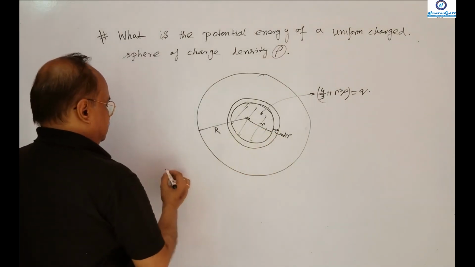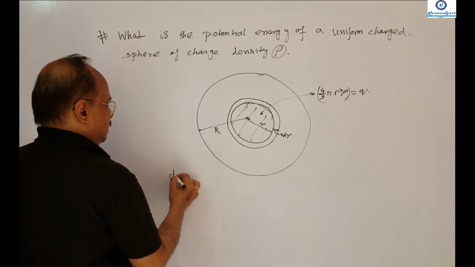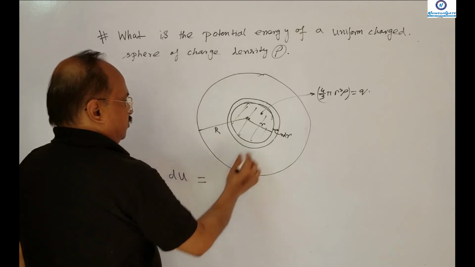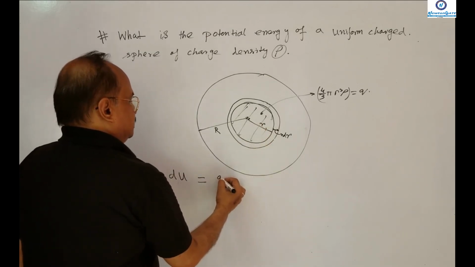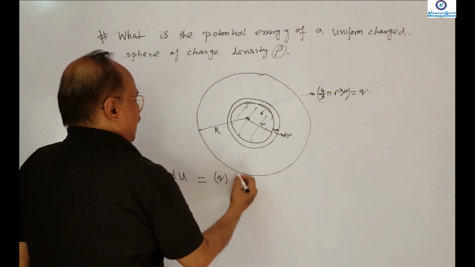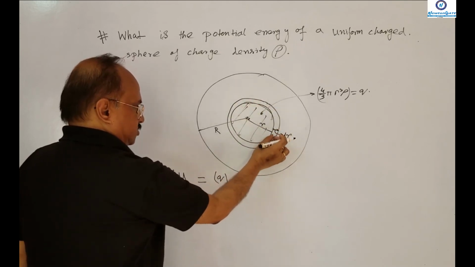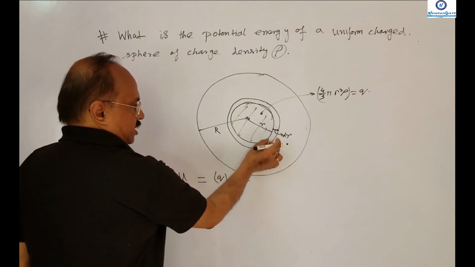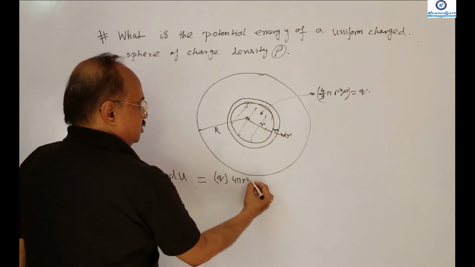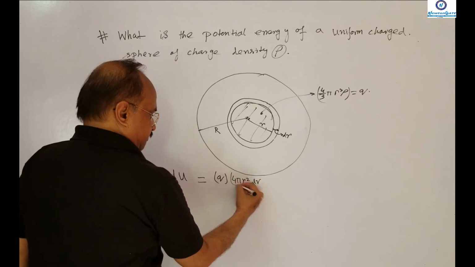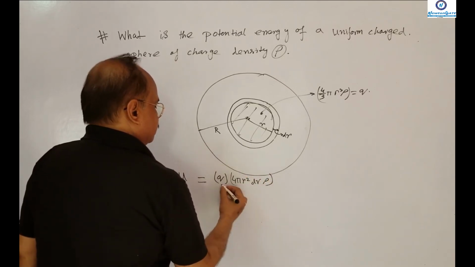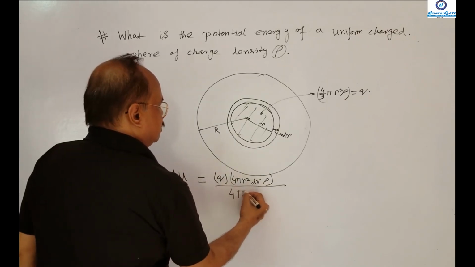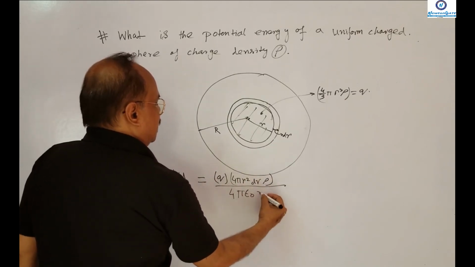You can call it dU. So dU will be equal to: there was already a charge q, and I am adding a small amount of charge. 4 pi r square is the surface area, times the thickness gives the volume of that thin shell, times the density rho, divided by 4 pi epsilon naught r.